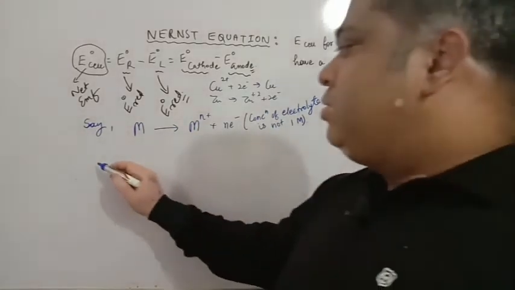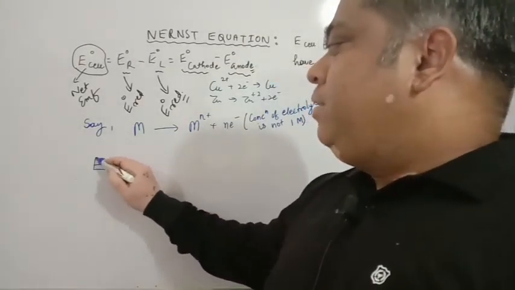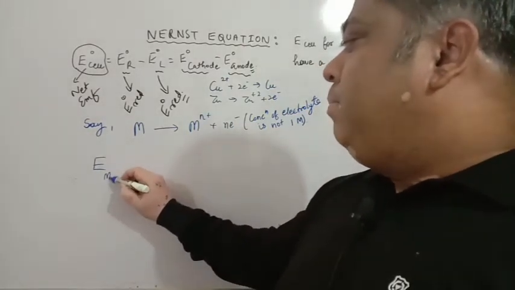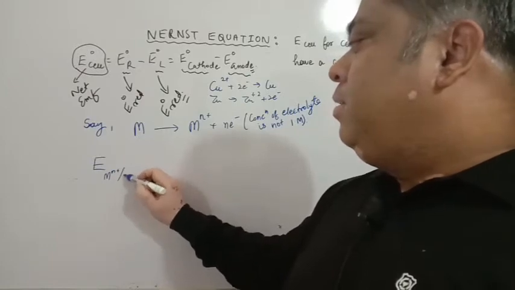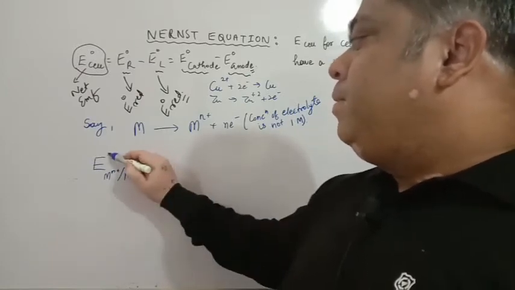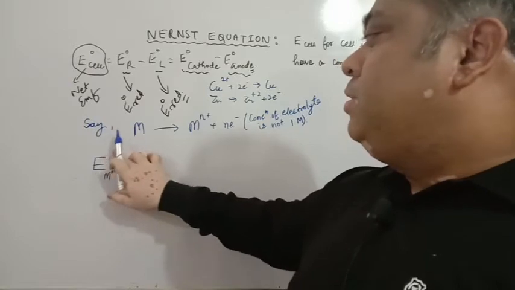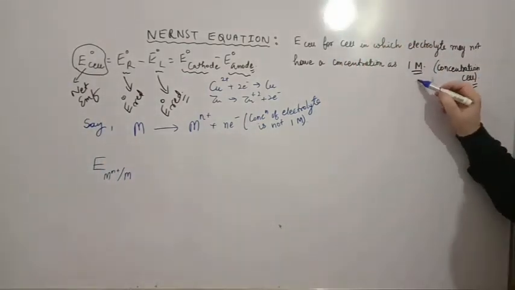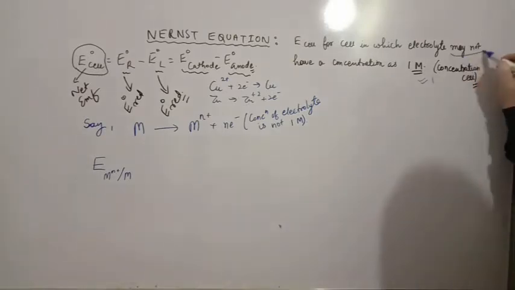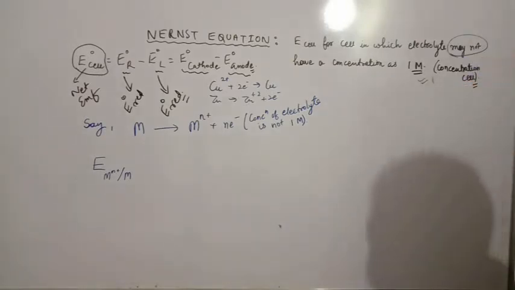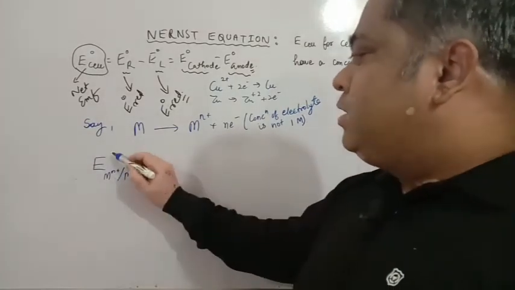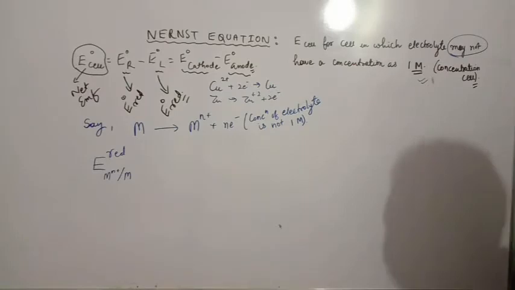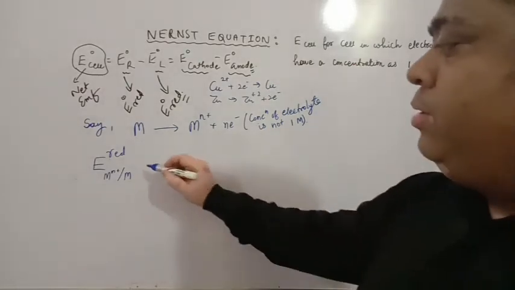In that case, we have to use the Nernst equation such that E, the reduction potential of M n plus becoming M, not standard, because the Nernst equation is found out for cases in which the concentration may not be 1 molar. So this is reduction potential. We always find reduction potential of electrodes because we consider standard hydrogen electrode to be anode.